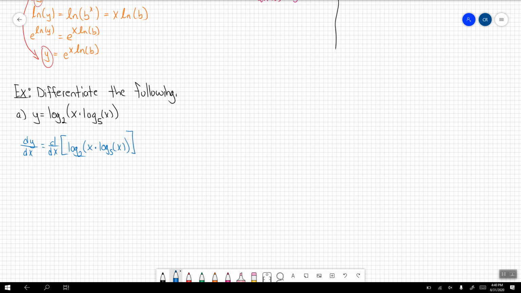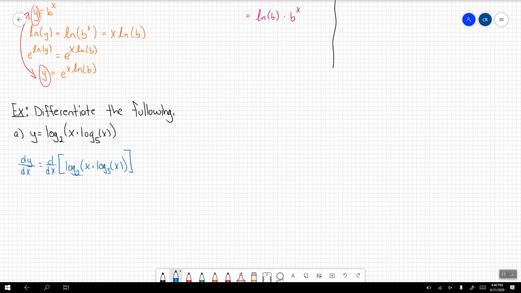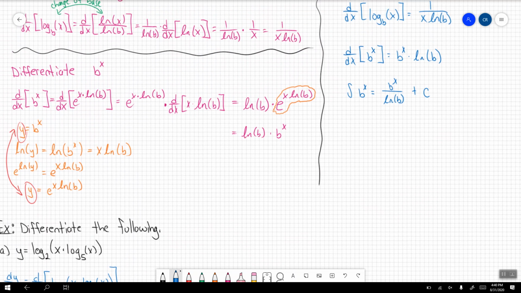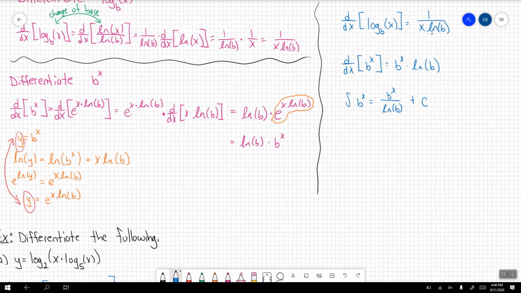Okay, so the first thing I am looking at is that I'm initially taking the derivative of the outermost function, which is logarithm base 2. Now, because it's a derivative of a logarithm with a base, I know that I'm going to have to use one of my properties here, and that's going to be the very first property that I outlined just a little while ago.